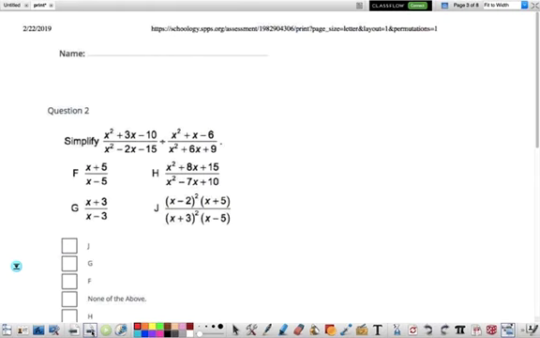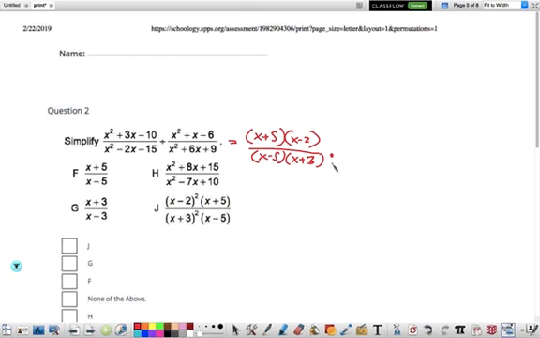Division. Well, to be able to divide these, turn it into multiplication, and also factor, right? Factor this top: x plus 5 times x minus 2. Factor the bottom: x minus 5 times x plus 3. Multiply by the reciprocal.